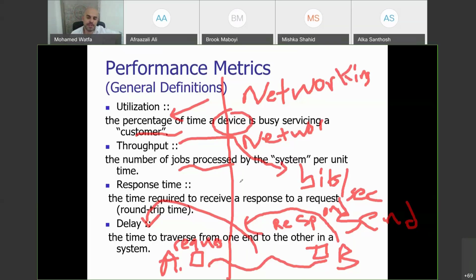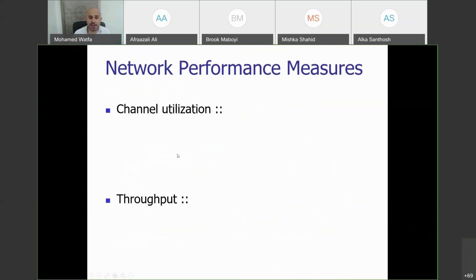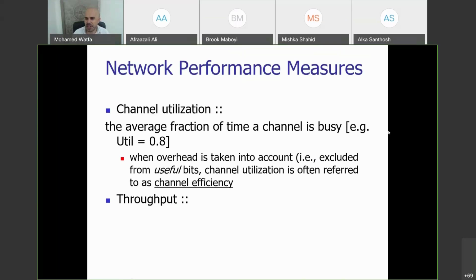Okay, good. So again, in terms of networking, you can see there we had utilization. Here we have network utilization or channel utilization. It's basically how much I'm utilizing the channel. It is the fraction of time I'm keeping the channel busy. It could be 80% and so on. So you can see utilization and efficiency are very similar. The difference is when we take overhead into account, we talk about channel utilization as efficiency.